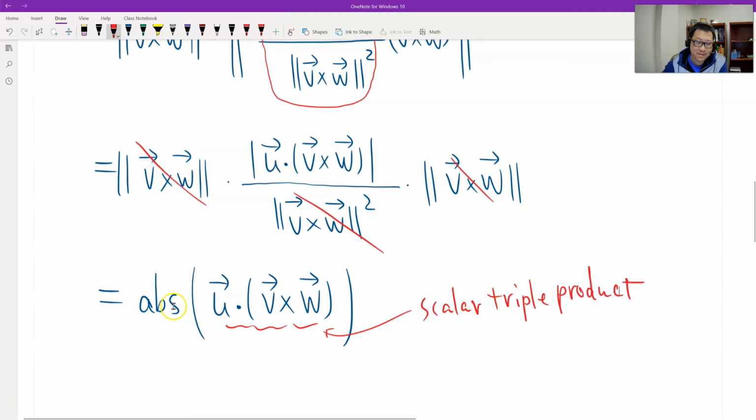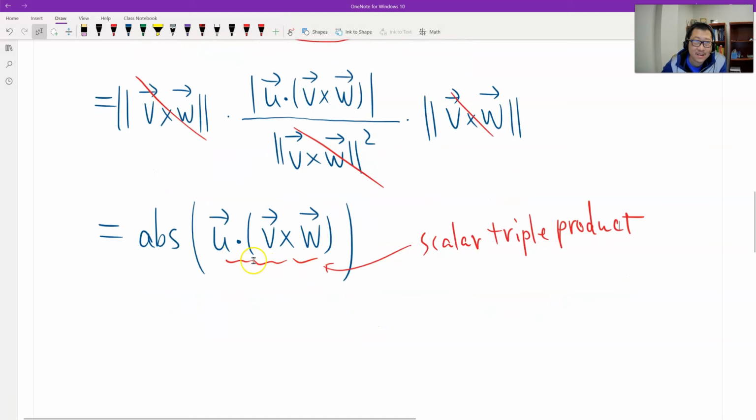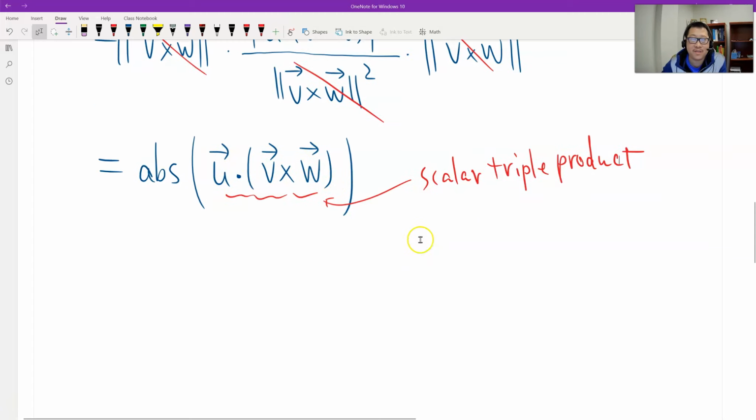We do have a way to calculate it. To calculate it, the easiest way is to use the 3x3 determinant. Use U as the first row, V is the second row, W is the third row. Remember that.